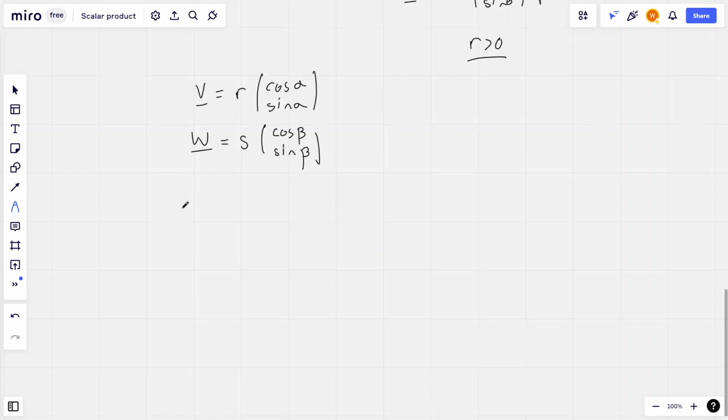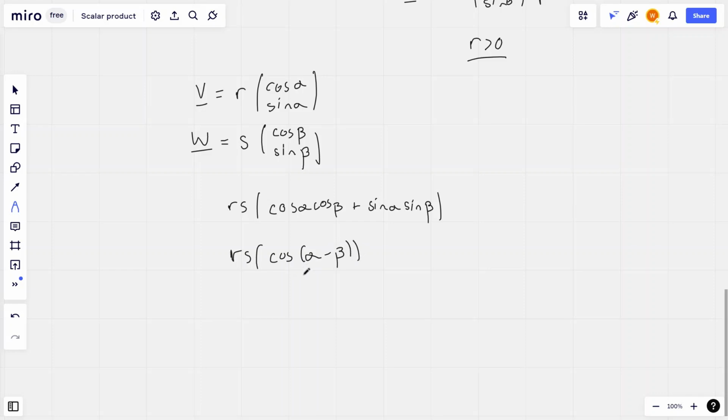Now, if we dot those two, we get rs multiplied by, well, I shouldn't use a dot in this case, multiplied by cos alpha cos beta plus sine alpha sine beta. However, we may notice that this is just cosine alpha minus beta.